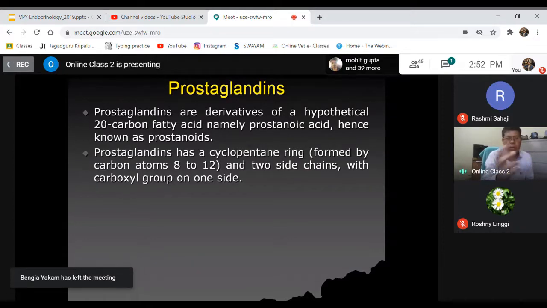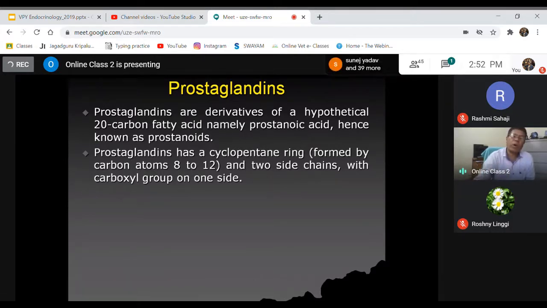Carbon number 1 to 7, and carbon number 13 to 20, form the 2 side chains, with a carboxyl group on one side.